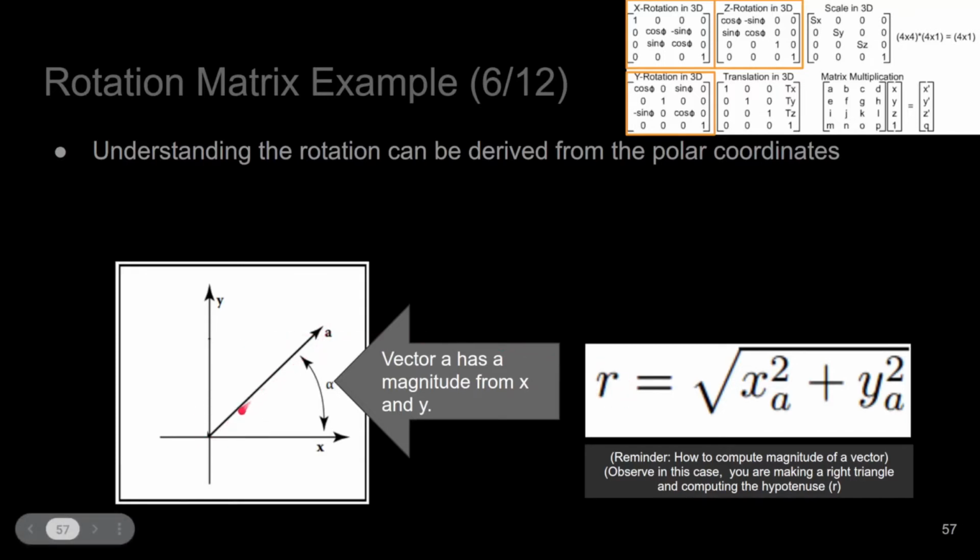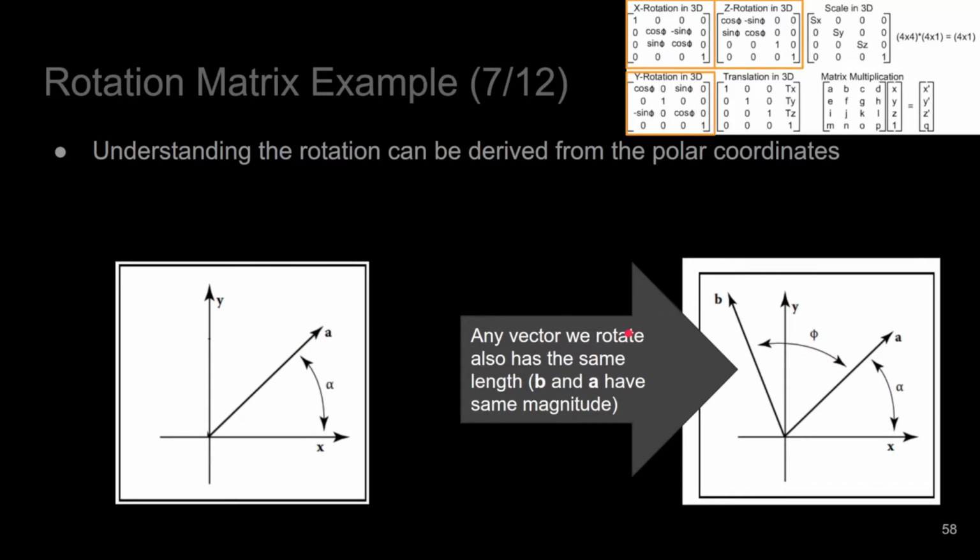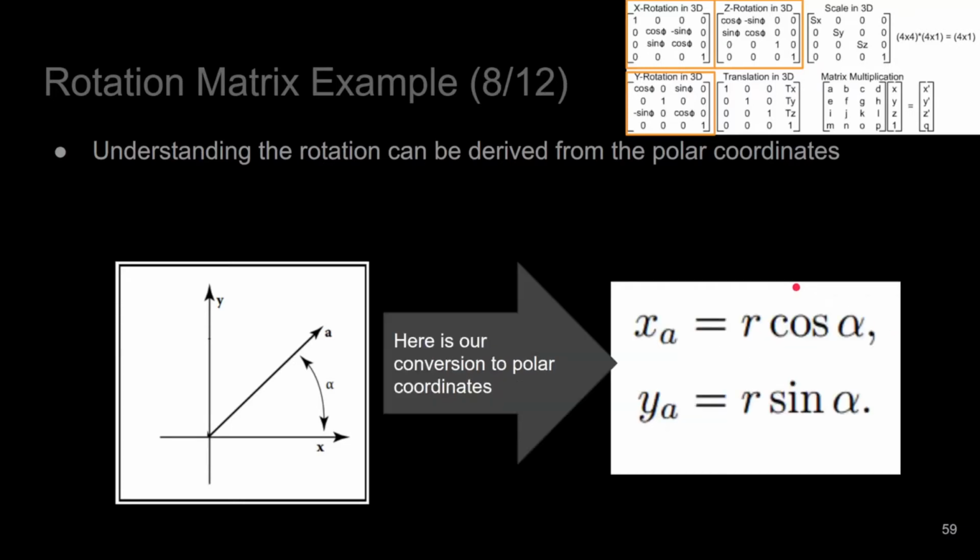And in this case, if we just have a vector from the origin, that's also its length, which is useful. Okay. And then any vector that we rotate better still have the same magnitude, again, like the clock face, right? With these old-fashioned clocks, the second, minute, and hour hand shouldn't be lengthening in any way, right? When we do the rotation, that was one of our properties.